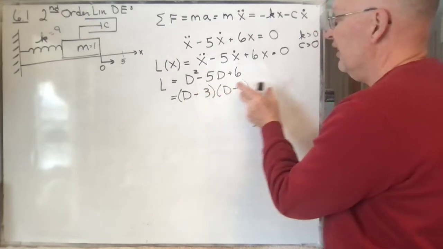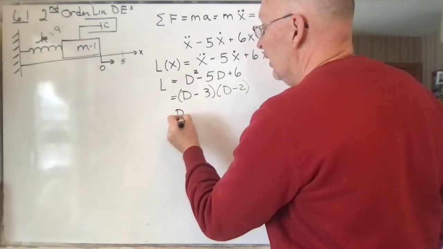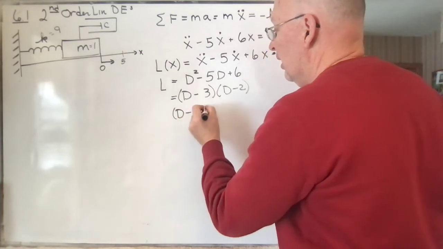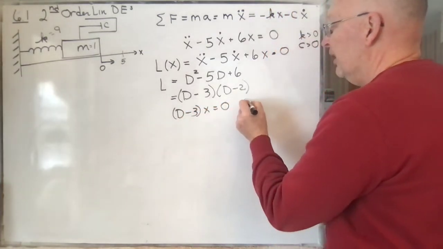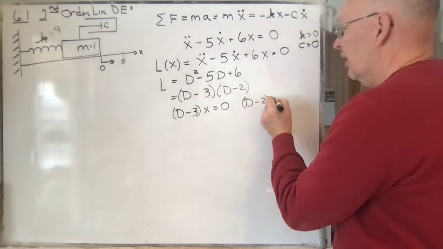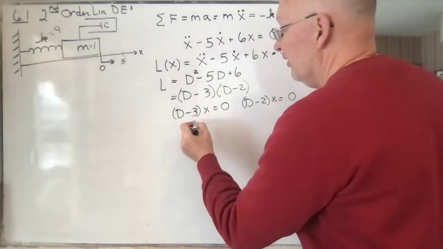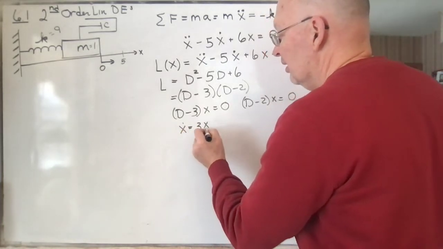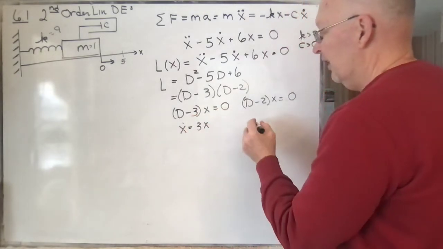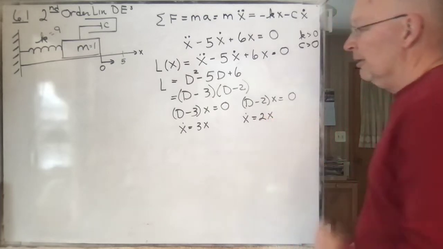It'll either be when D minus 3 applied to x will be 0, or when D minus 2 applied to x will be 0. And this just means that the derivative of x is equal to 3x. I'm going to bring the 3 over, and this just means that the derivative of x is equal to 2x.